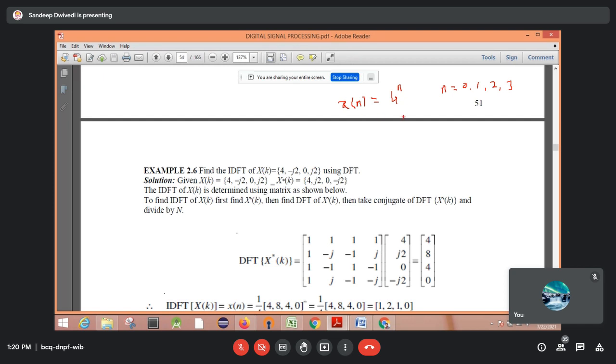So this is your input sequence. Find out the 4-point DFT x of k by using the matrix method, obviously.